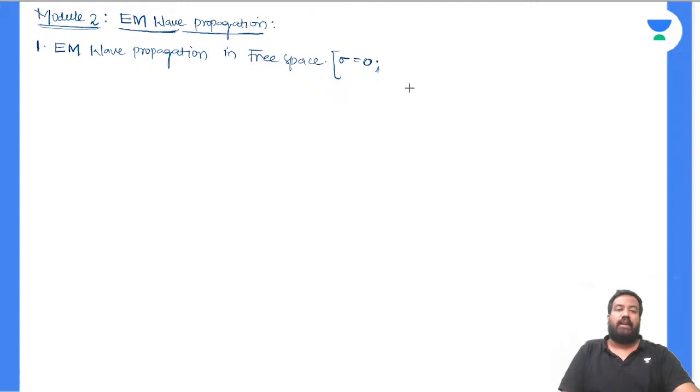Free space is a case where conductivity sigma is 0, epsilon r is equal to 1, and mu r is equal to 1.